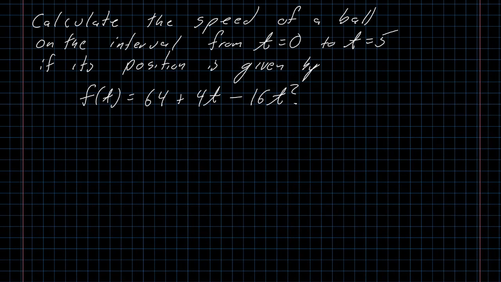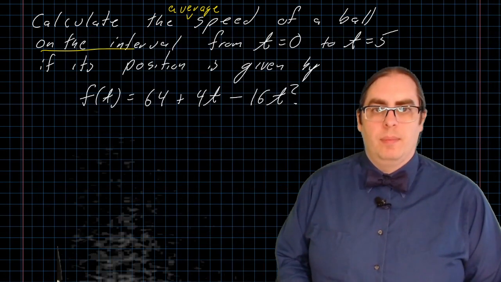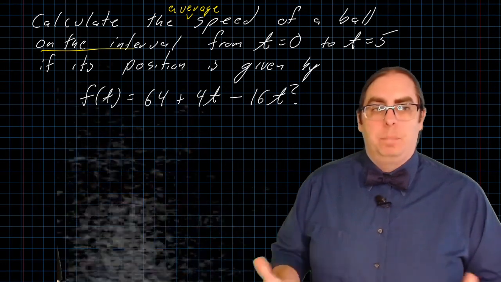Calculate the speed of a ball, and I guess technically I should say the average speed of a ball on the interval from t equals 0 to t equals 5. I didn't necessarily need to say the average because if we're talking on an interval that implies average, if its position is given by the function f of t equals 64 plus 4t minus 16t squared.